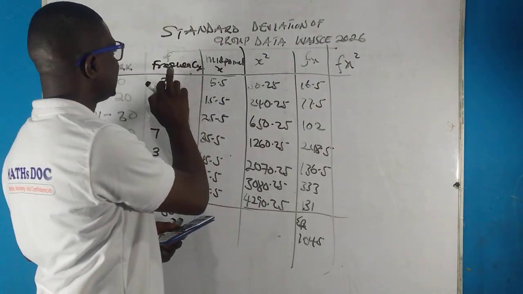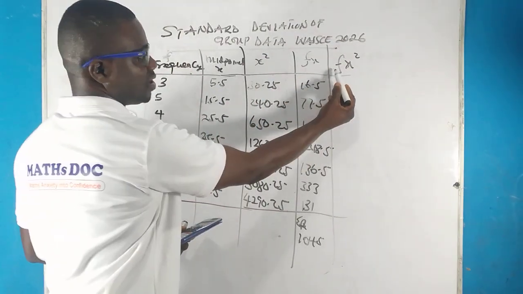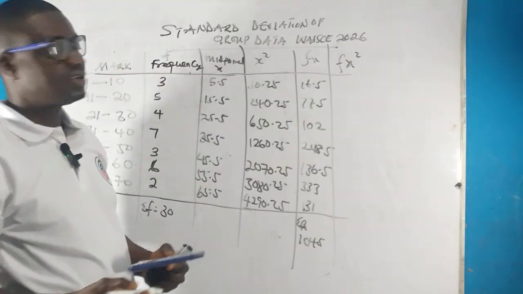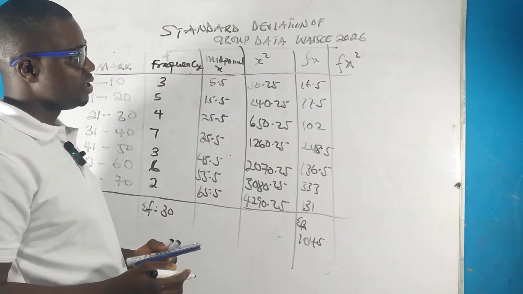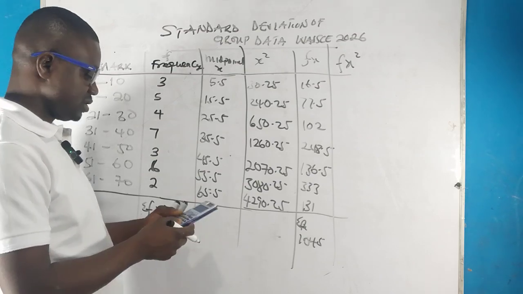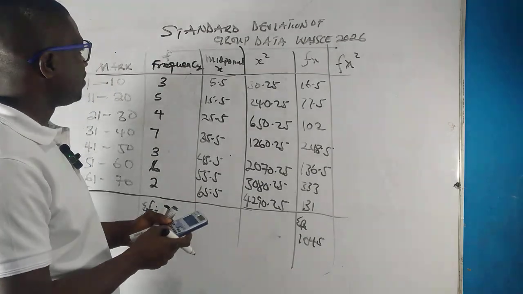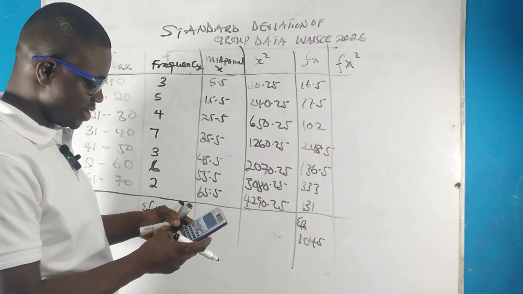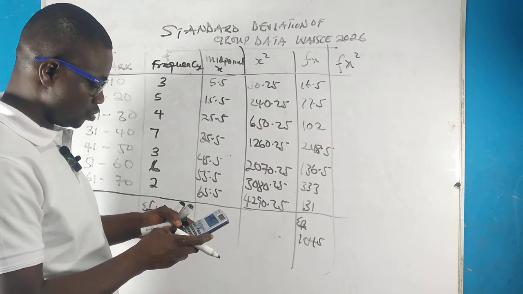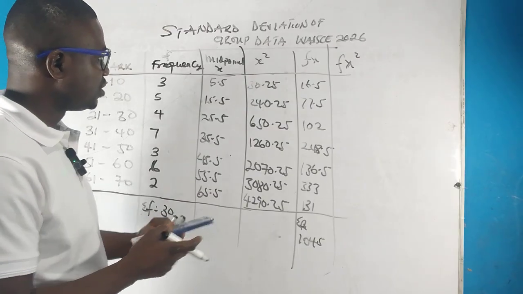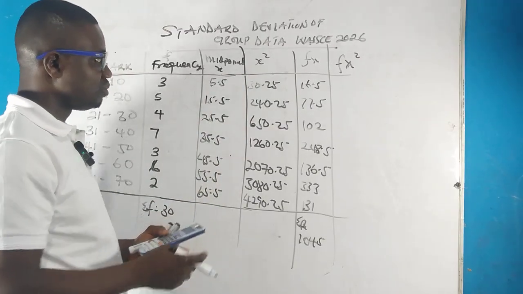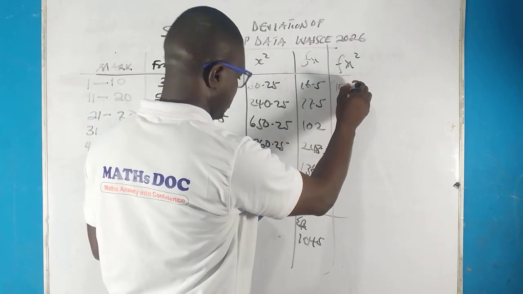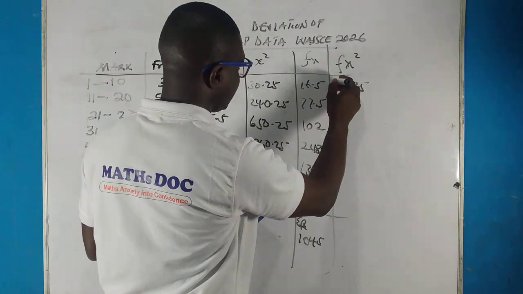So f times the x squared, that is what we are going to have here. Let's do that quickly. The f, which is 3, times 30.25, you're going to get 90.75.